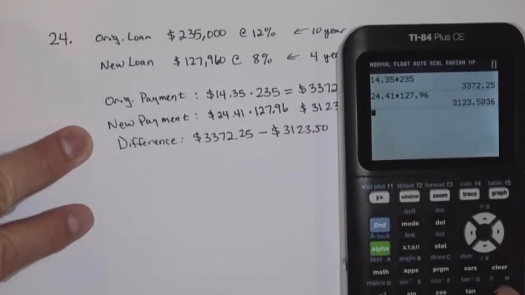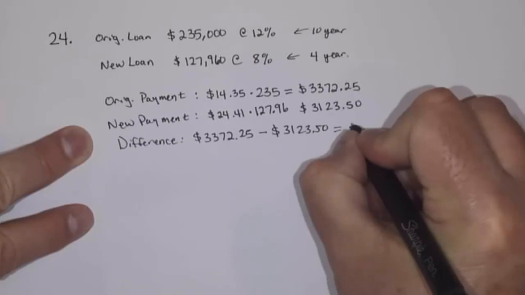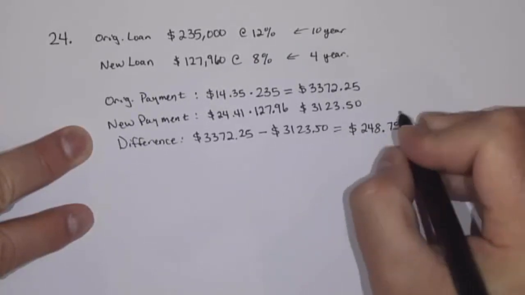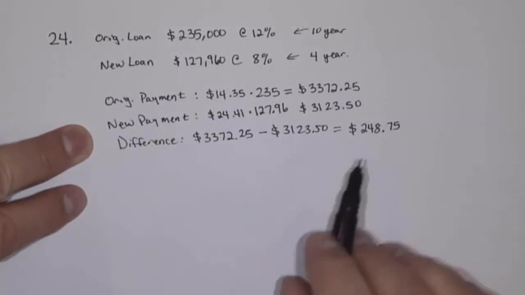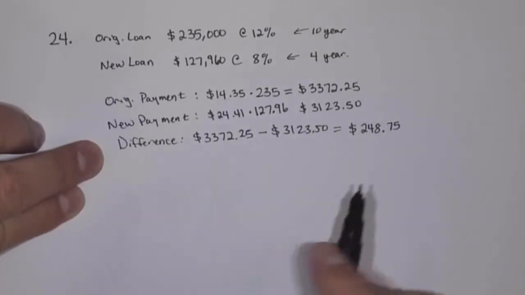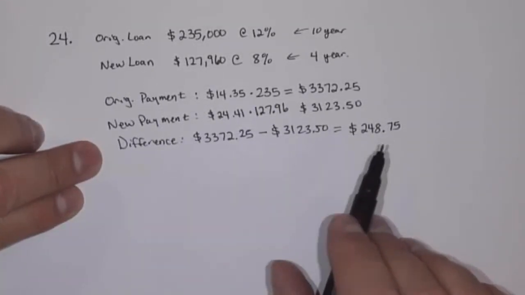So I bring back in my calculator here, 3372.25 minus 3123.50. So we're going to save $248.75 a month. We have that much of a lower payment, $248.75. And we're going to save that each month for the next 4 years.